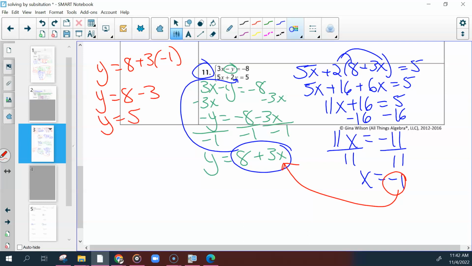So our final answer is negative 1, 5. Questions on 11? And then when you're finished writing that one down, turn it over to the last page where we'll do 2 more, and then you'll have time to practice.